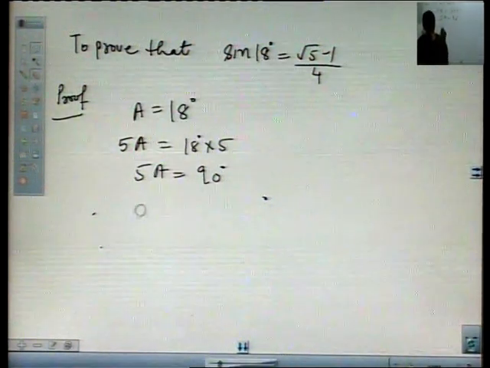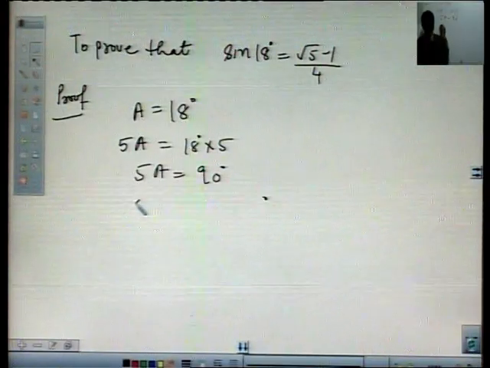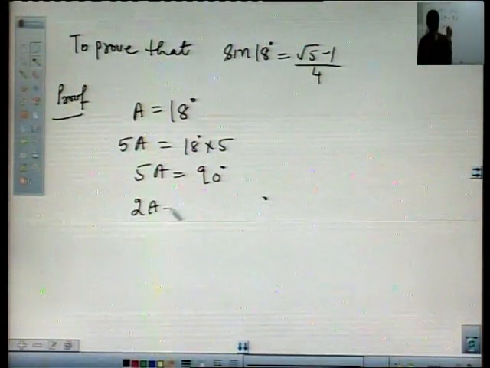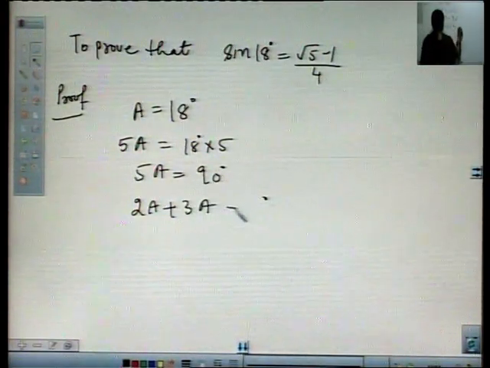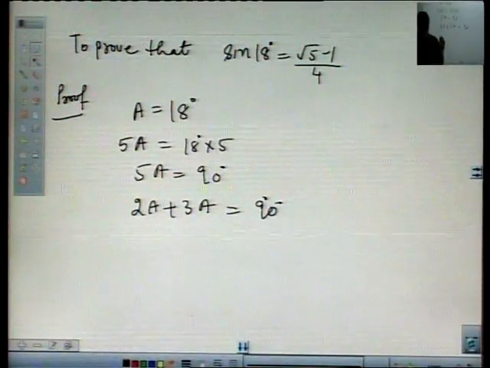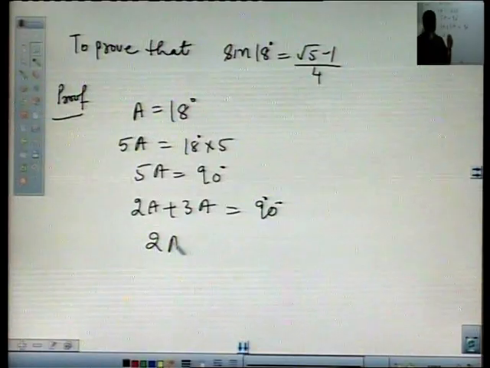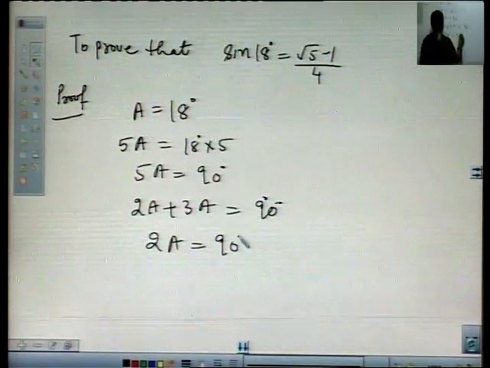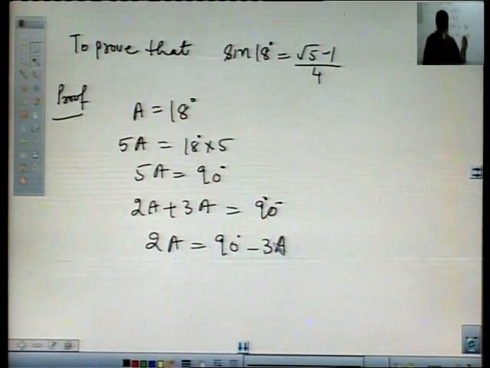Now first of all we apply one step, that is 5A is equal to 2A plus 3A and equal to 90 degree. Now we can write 2A is equal to 90 degree minus 3A.